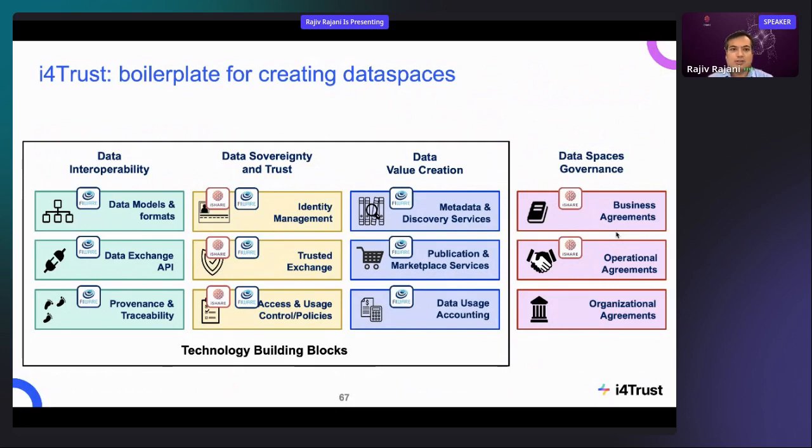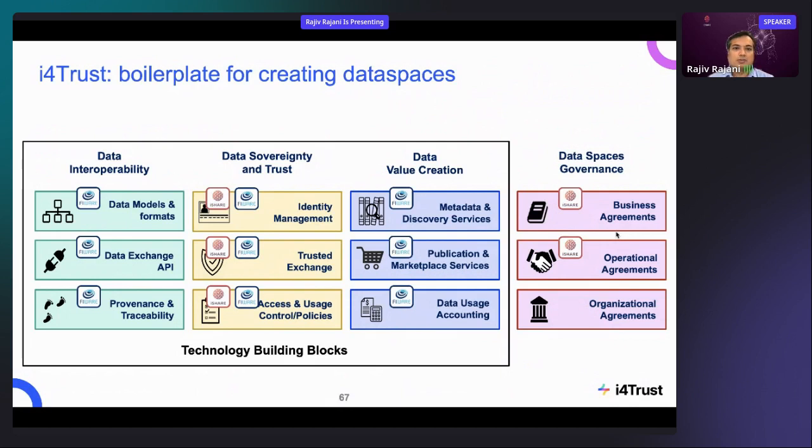As you can see on the screen now, the open DIH building blocks: 12 building blocks with the 4 verticals, as I already explained to you. And you can see all the logos as well, where you can see the technology building blocks. They're all open source components available from Fiware.